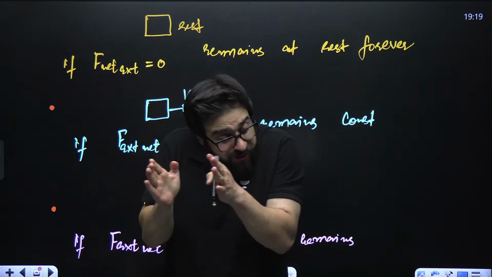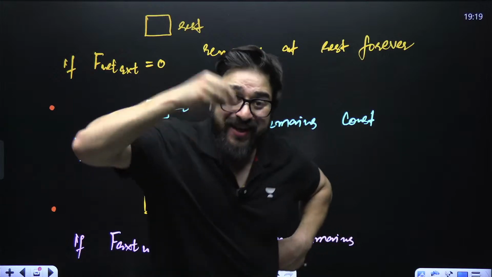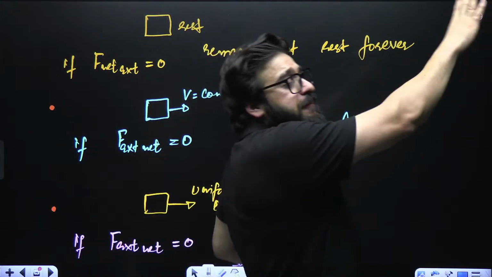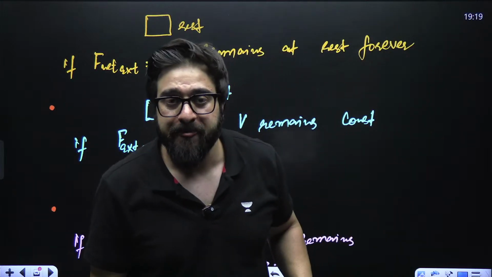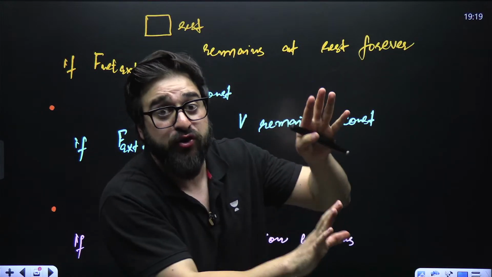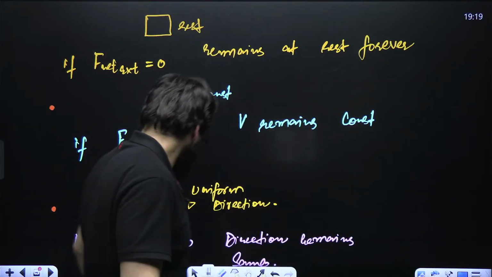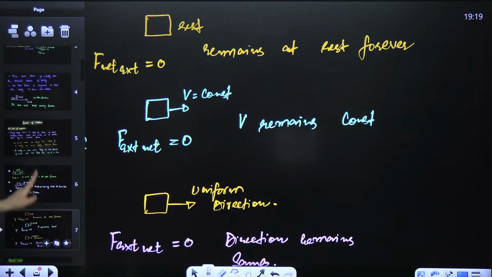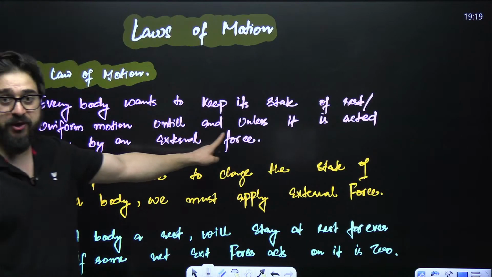If the body is moving with a constant velocity, because of inertia it would want to keep its constant velocity the same. But if you apply the external force, its velocity will change. This is Newton's first law of motion.